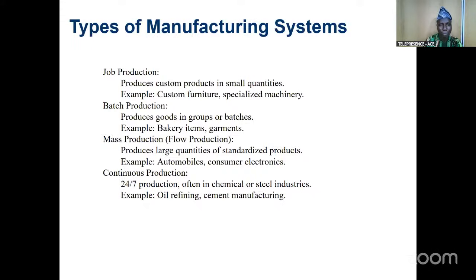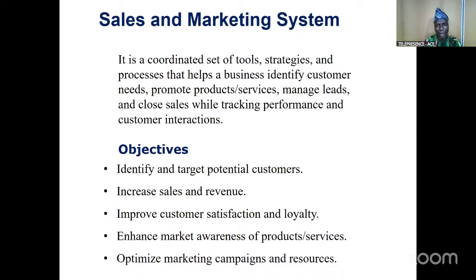Sales and marketing system. In an organization, it is a coordinated set of tools and strategies and processes that help a business identify the customer needs, promote products, promote services, manage leads, and close sales while tracking performance and customer interactions.